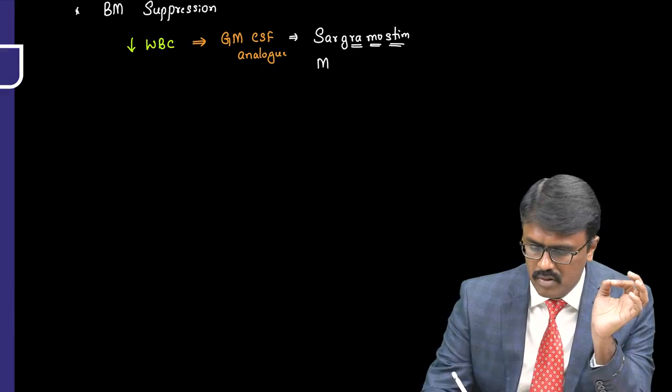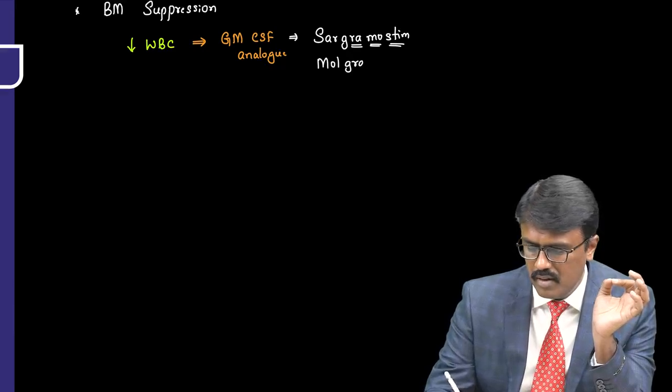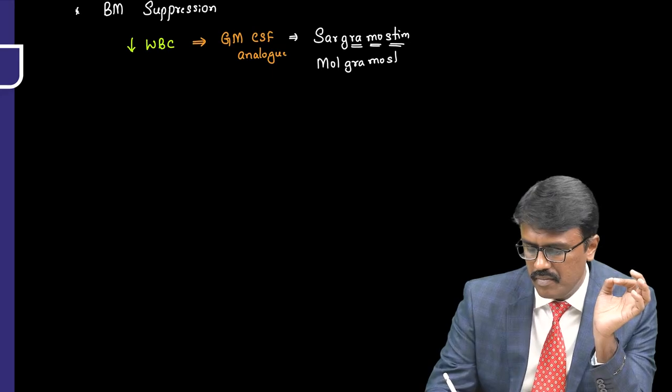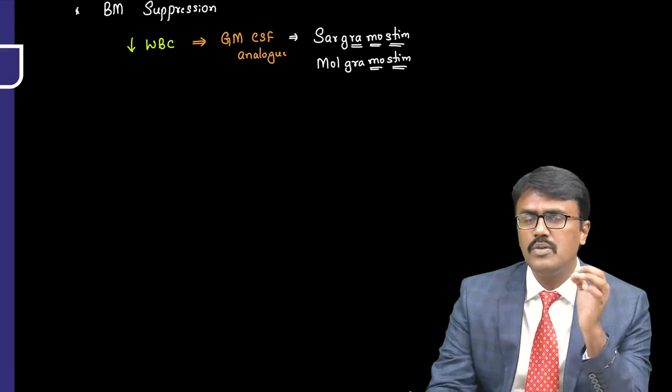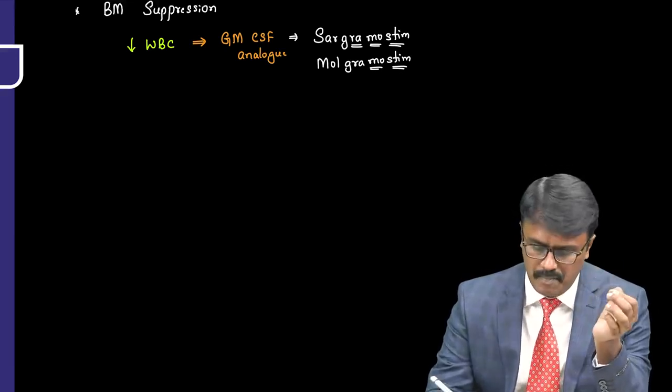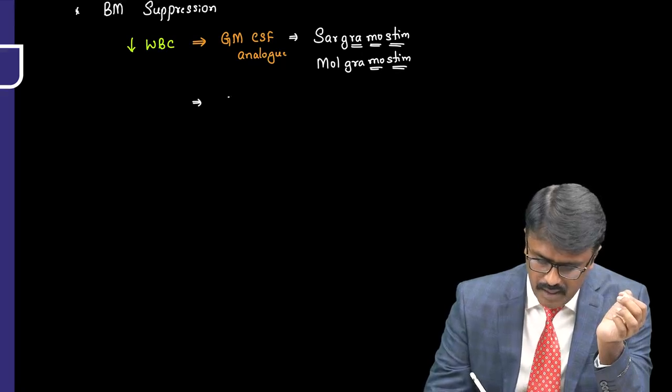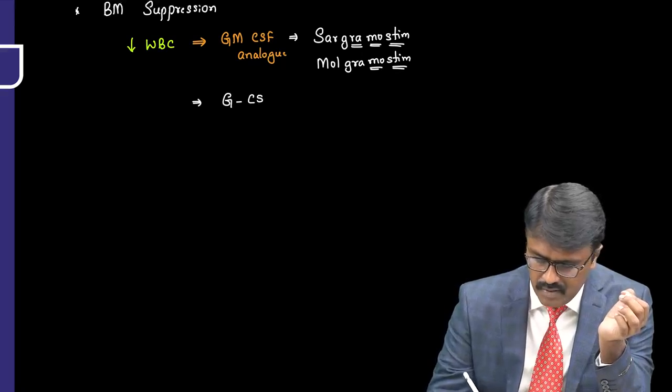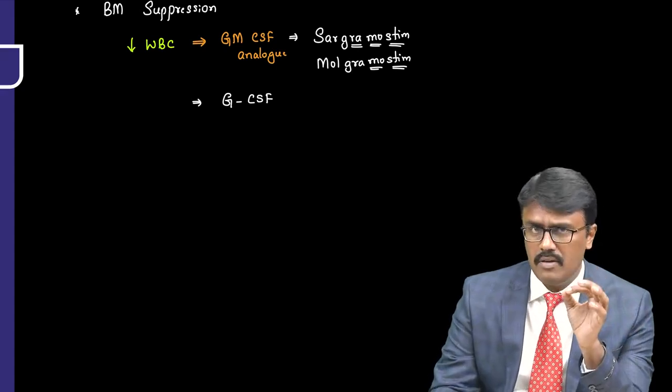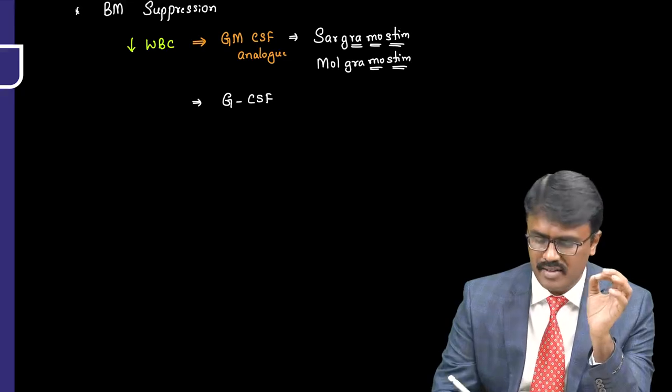Similarly, we have one more called molgramostim. When we use these, they stimulate the bone marrow to produce more and more WBC. Similar to that, we have G-CSF, where G stands for granulocyte colony stimulating factor analog.